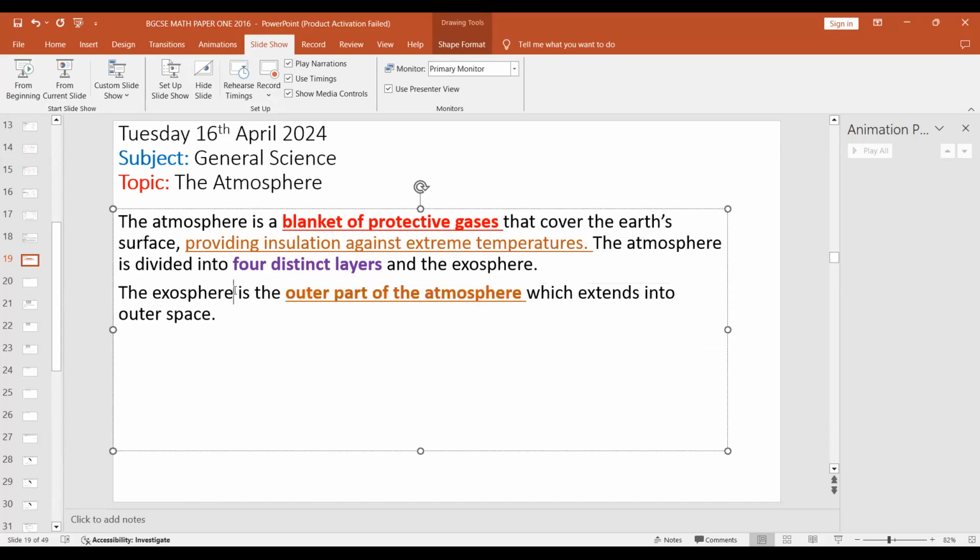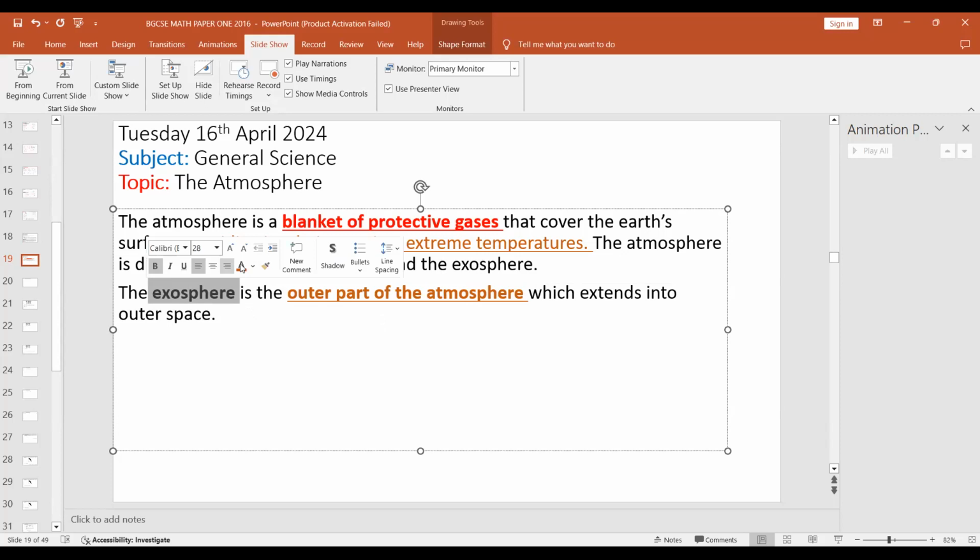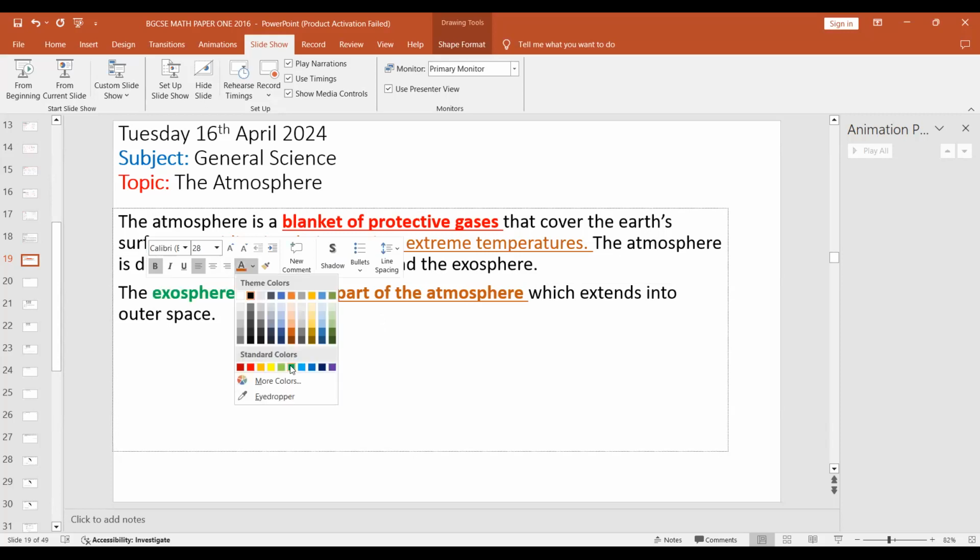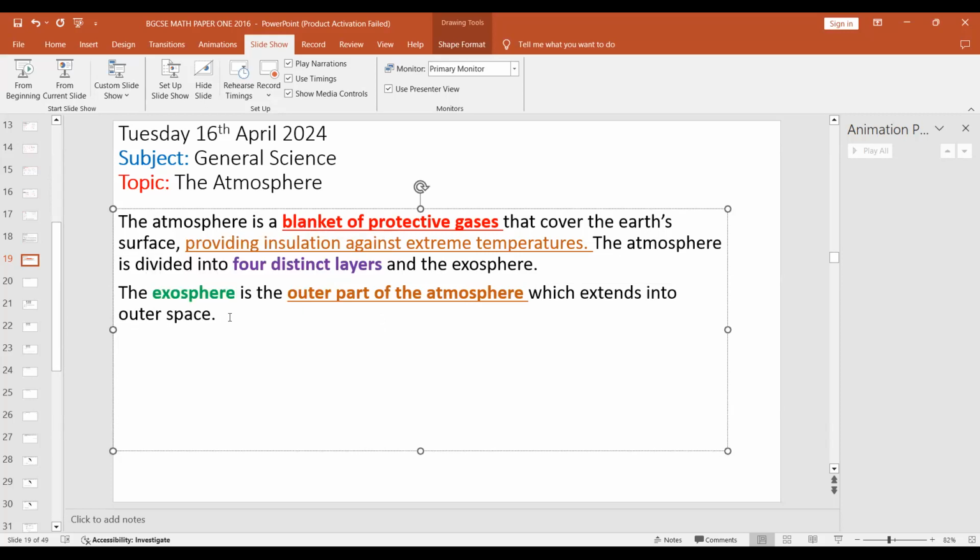And then you have this exosphere right now. And then you have the next part, where we have the ionosphere. Now, in ionosphere, you can hear the word ions in that.